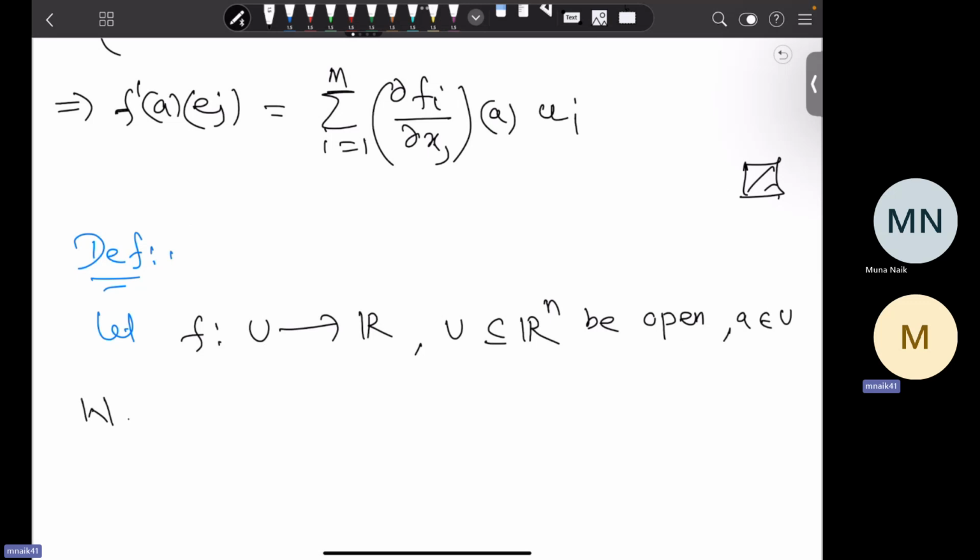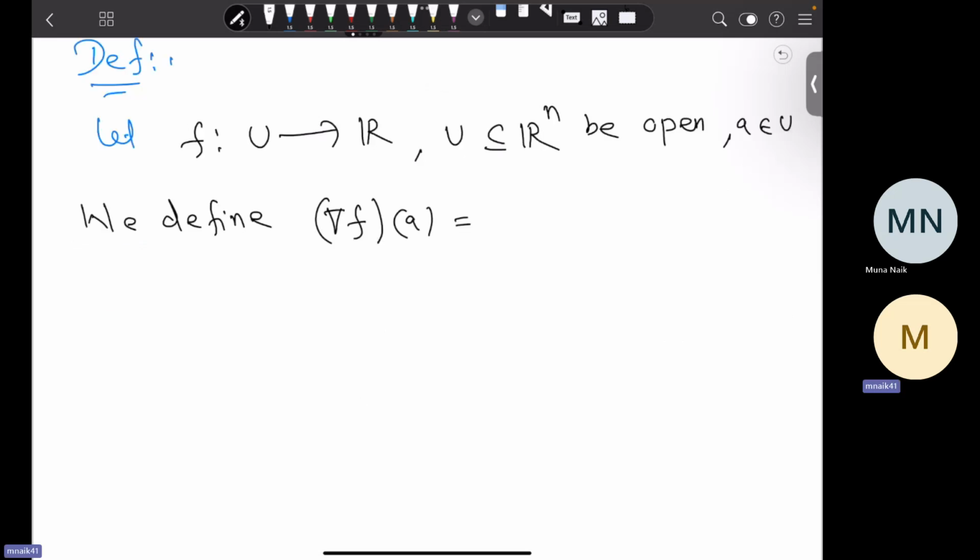We define this vector, the grad of f at a, as d1 f(a), d2 f(a), and so on up to dn f(a).